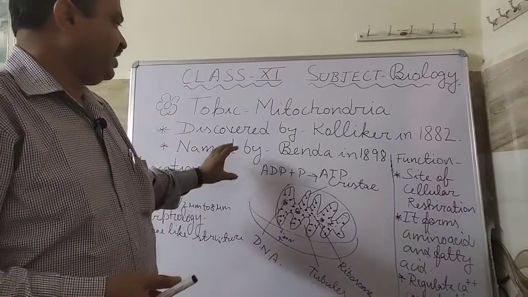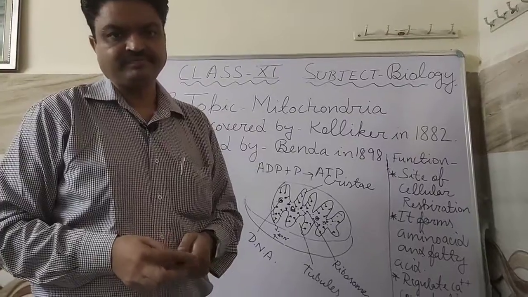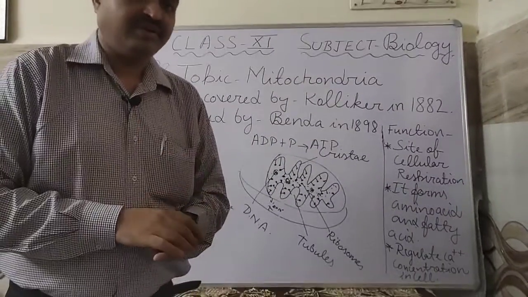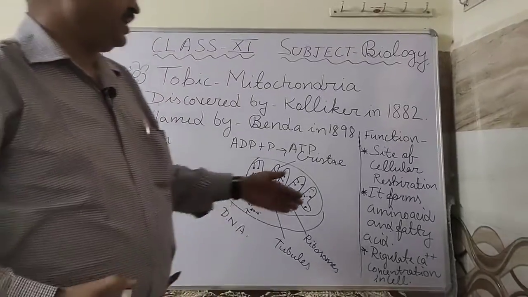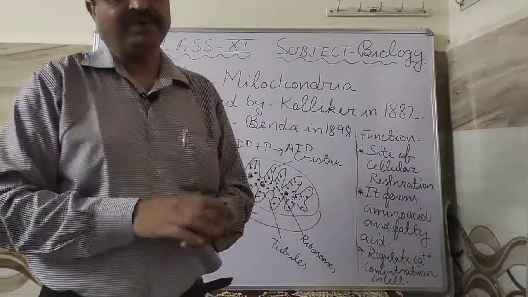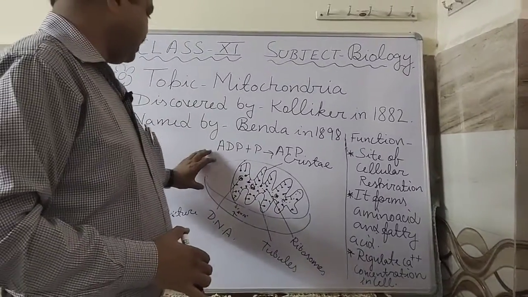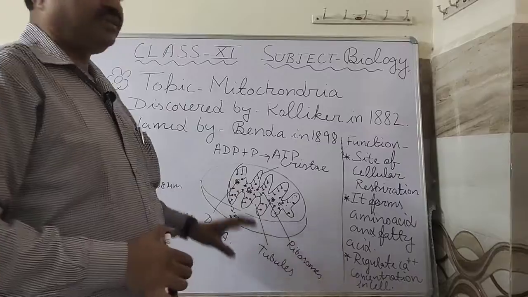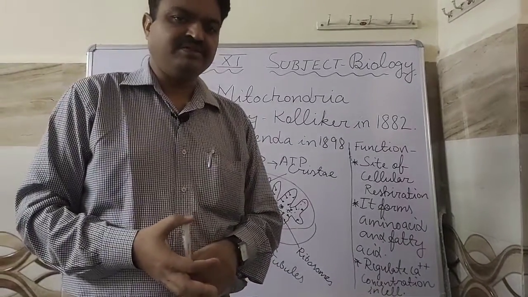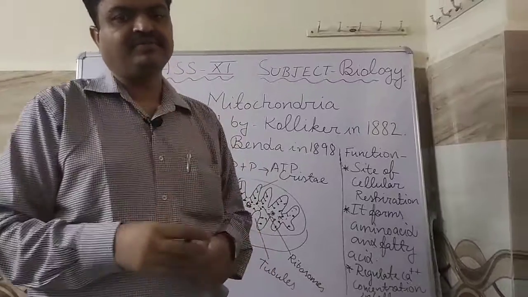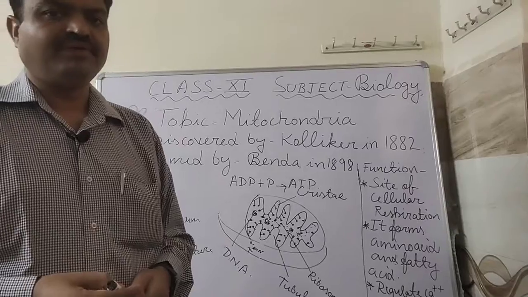With this, it also forms amino acids, student, and it synthesizes fatty acids with the help of particular enzymes. The mitochondria also regulate the concentration of calcium ions in the cytoplasm.